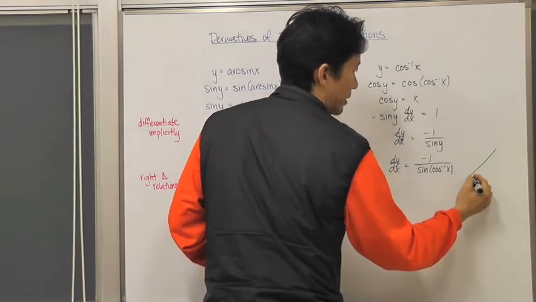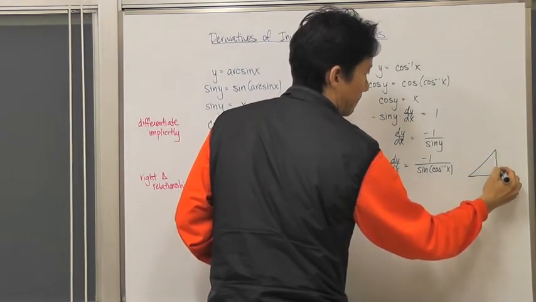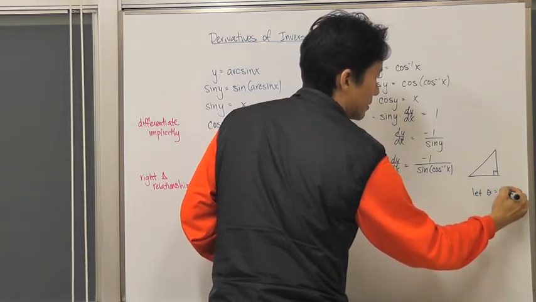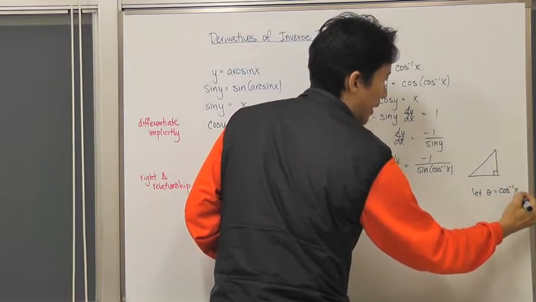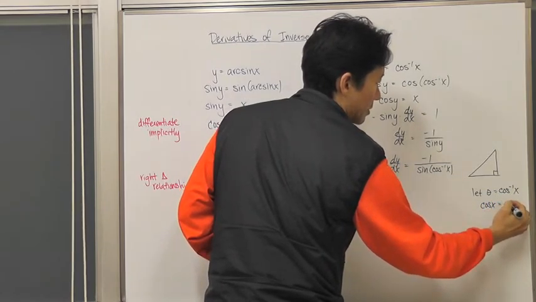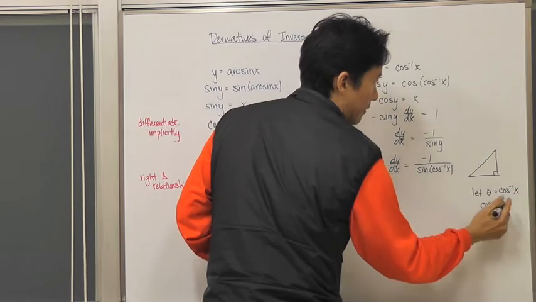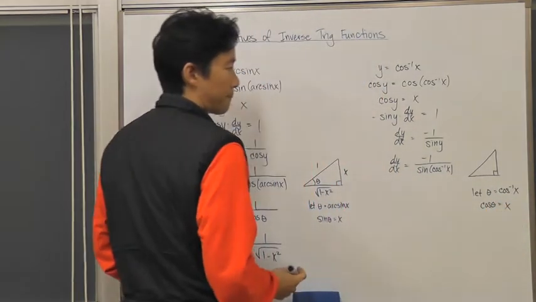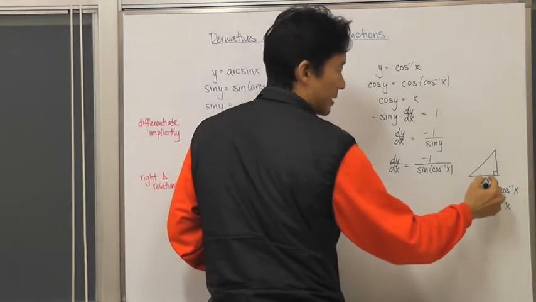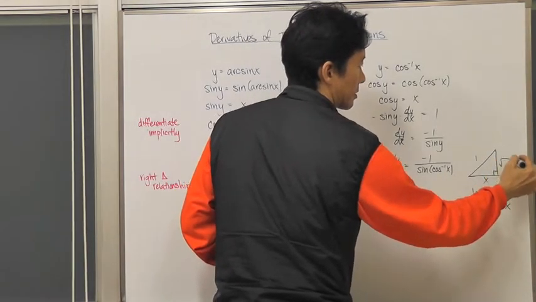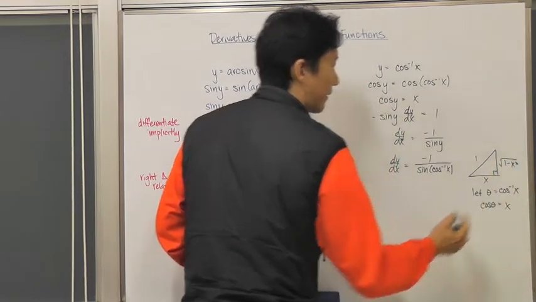So if we draw a right triangle, and we let theta be equal to the inverse cosine of x, that means that the cosine of theta has to be equal to x. So now we can label our sides of this right triangle. That is x, that's 1, that's going to be the square root of 1 minus x squared.